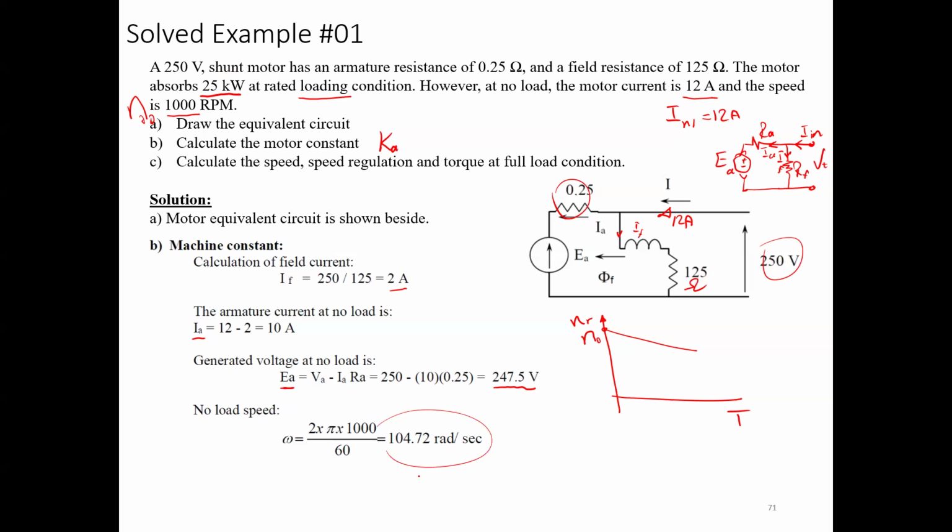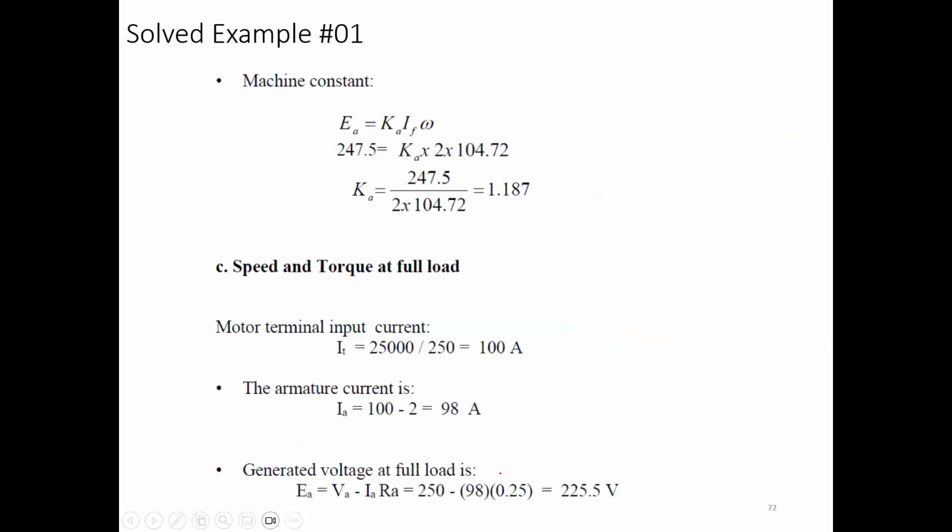Now, you know that the relation of the induced voltage that we calculate is nothing but Ka, the motor constant, times flux times omega. Since we have the value of EA, and then we don't have flux.